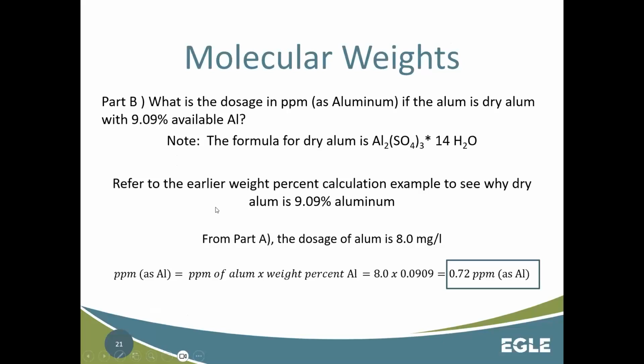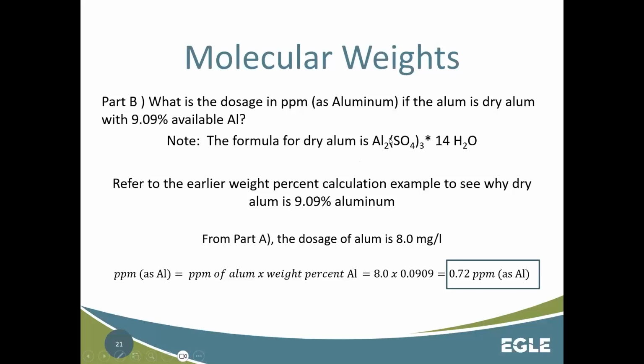All right, moving on to part B. What is the dosage in ppm as aluminum if the alum is dry alum with 9.09% available aluminum? You could calculate the available aluminum. However, you could also look back at the product data sheet and it'll most likely tell you what percentage available aluminum is in the product. In this case, we're given the percentage, so that's handy.